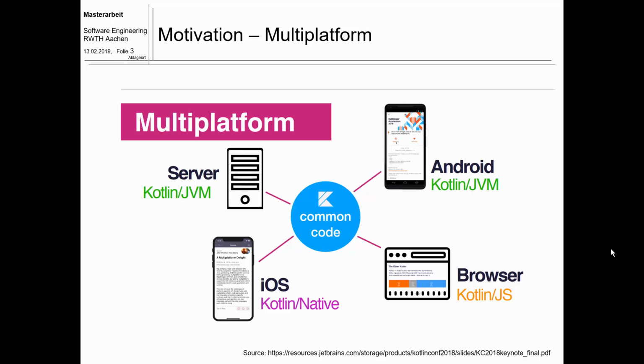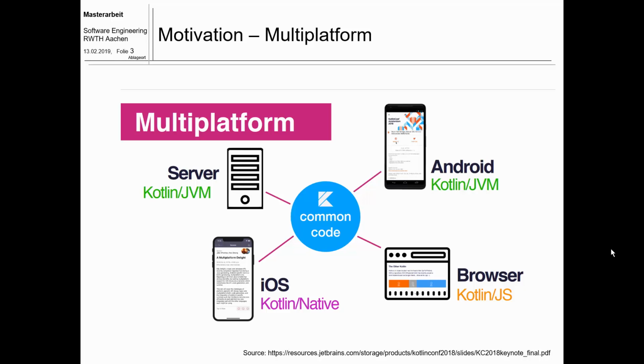And what's also interesting about this approach is that you can then share common code that can be used for all these platforms together. So basically having, for instance, some common library that can be used on the server as well as in the Android app or the iOS app or some web application using JavaScript or TypeScript.